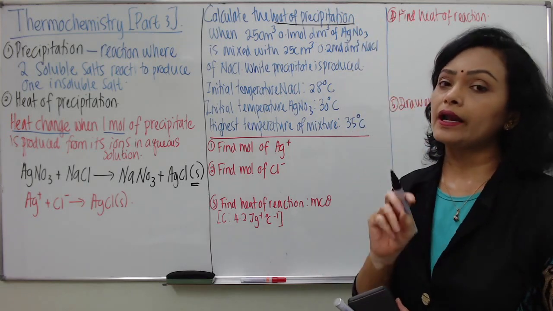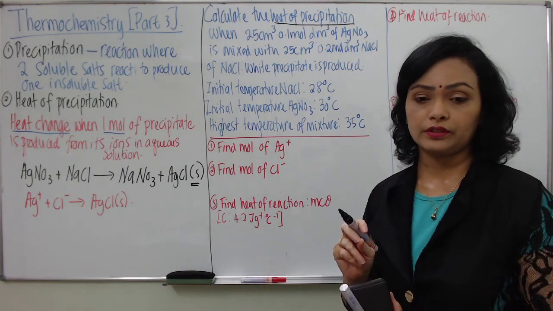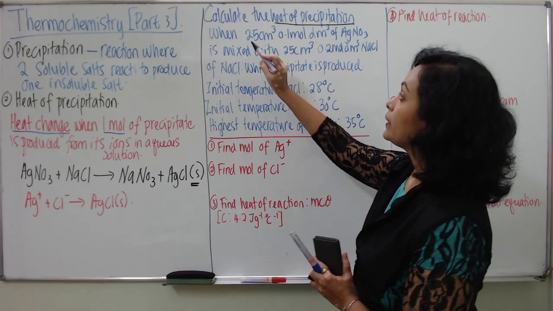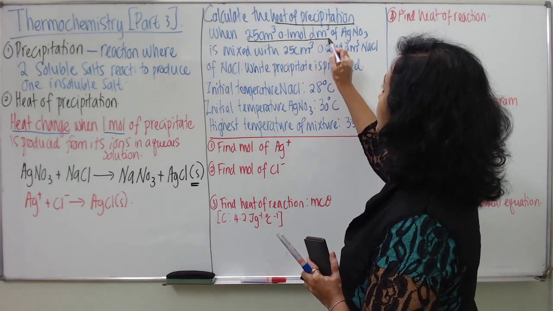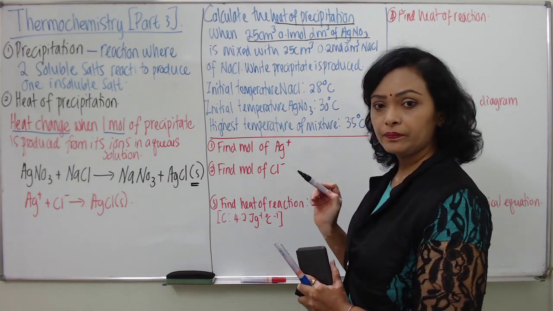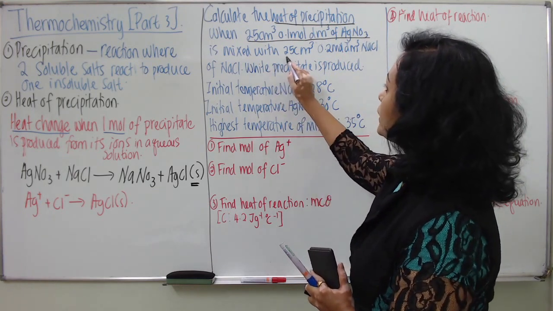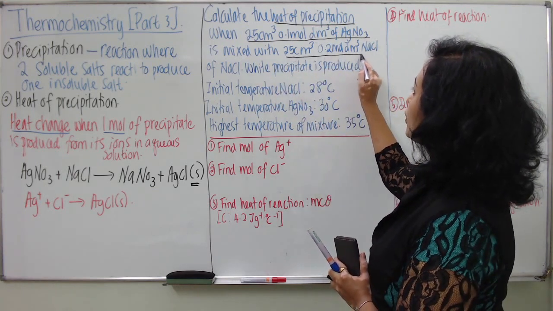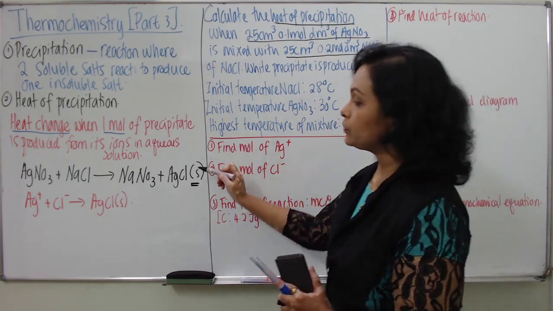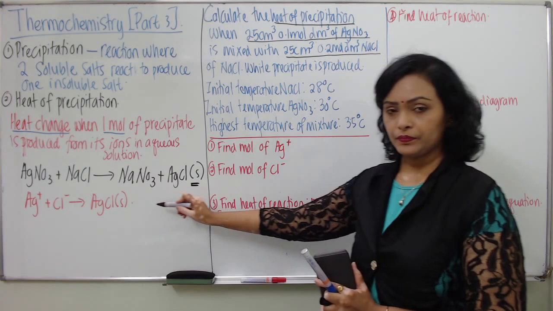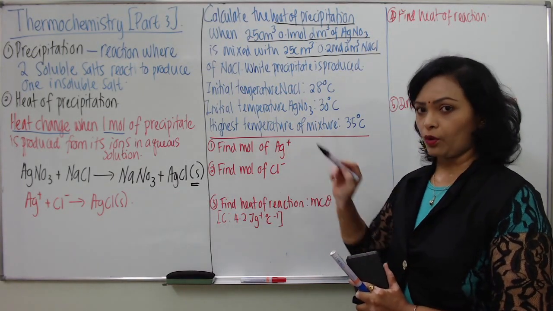Now we have to highlight all the given information because it's very important. Now 25 cm³ of 0.1 mol per dm³ argentum nitrate and 25 cm³ of 0.2 mol per dm³ sodium chloride. So I am basically using this example to solve this problem.